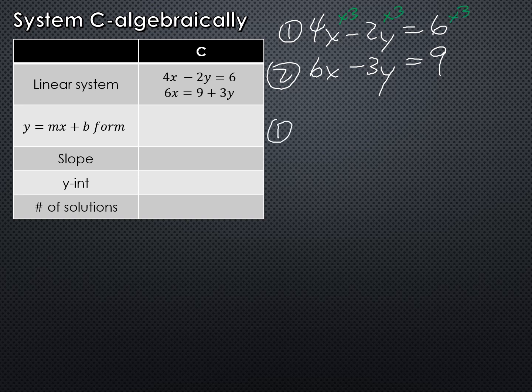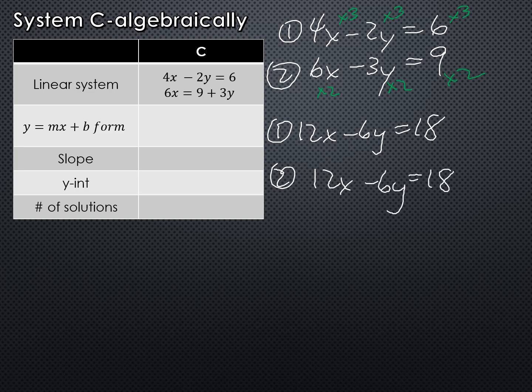Our new equation 1 becomes 12x minus 6y equals 18. Our second equation, multiply by 2 to get 12. So our new equation number 2 is 12x minus 6y equals 18.